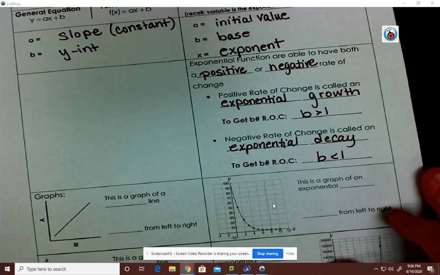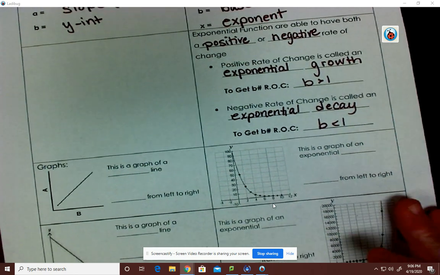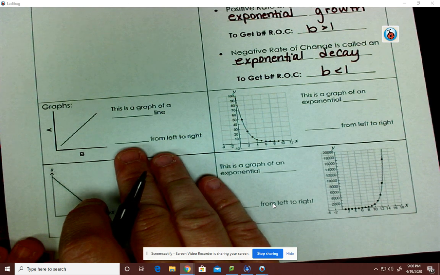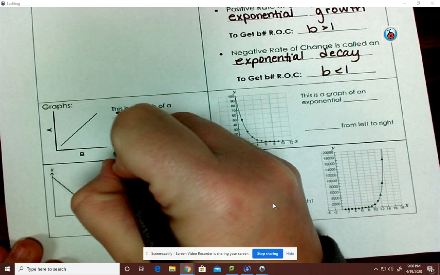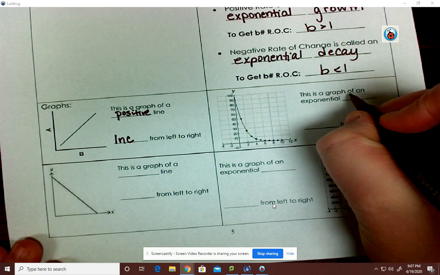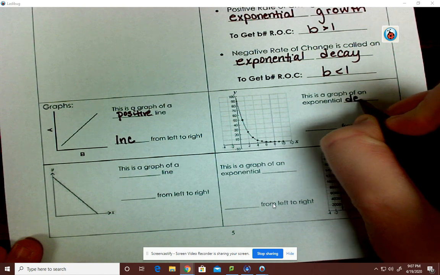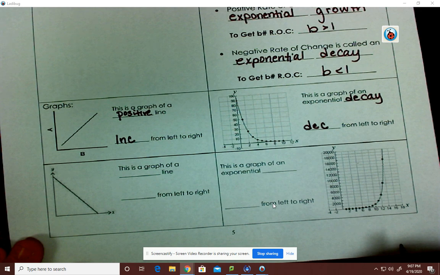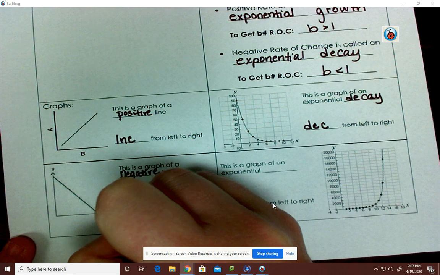Okay, so when we're talking about exponential growth and exponential decay, let's look at pictures of that. If we're looking at a line, this is a graph of a positive line, and that's where it's increasing from left to right. This one is going down, so this would be a negative line because it's decreasing from left to right.